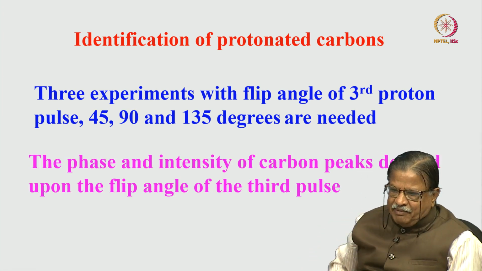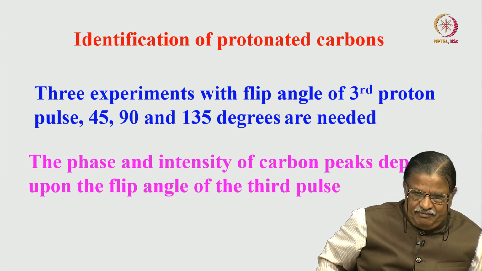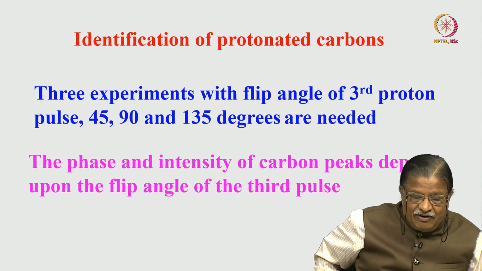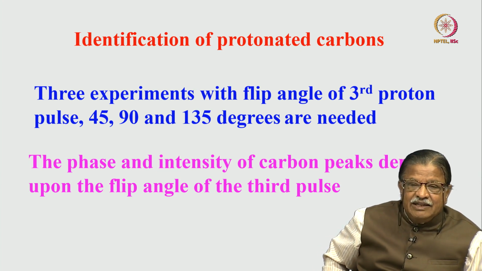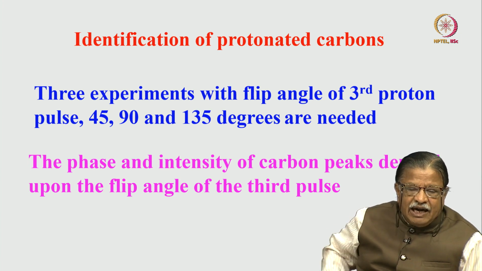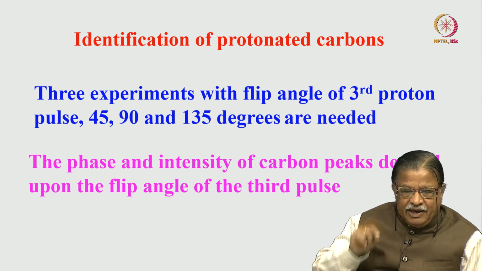Based on these experiments, the phase and intensity of the carbon peaks vary. They depend upon the flip angle of the last pulse. Depending on whether you have 45, 90 or 135, we can understand whether the phase of the peak is positive or negative, and whether the intensity is 0 or maximum.